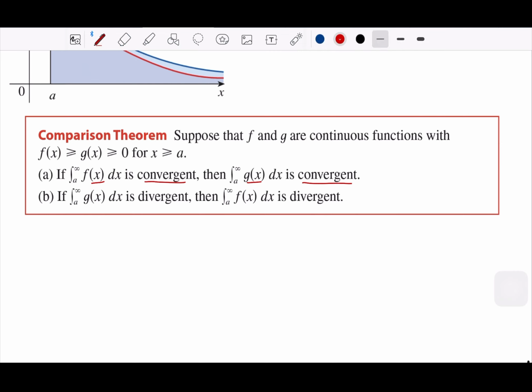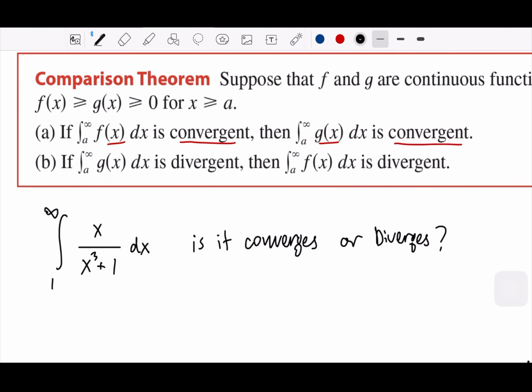For example, let me go for a small example here. You have this integral from 1 to infinity, x over x cubed plus 1 dx.